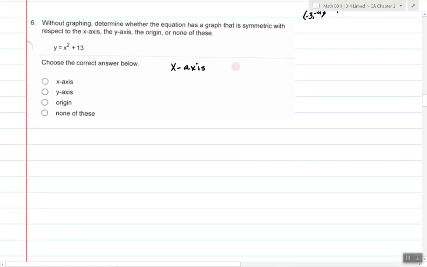All right, you're going to substitute negative x for x. And I have y is equal to x squared plus 13. When I substitute, y is equal to negative x squared plus 13.